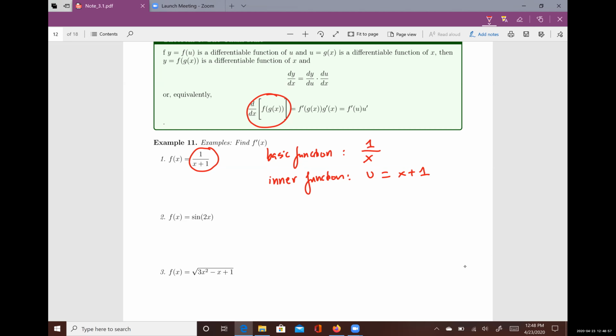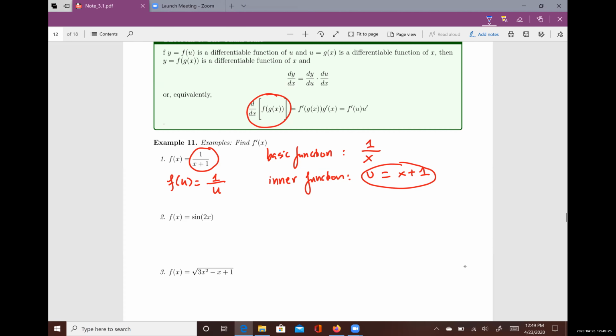So if you let u equal x plus 1, this function will turn into f of u equals 1 over u. As you can see, 1 over u is a basic function, right? 1 over x. And at this time, we know how to find the derivative: we can use the chain rule to find the derivative of f of x.